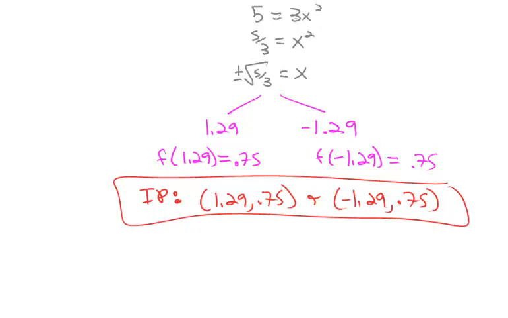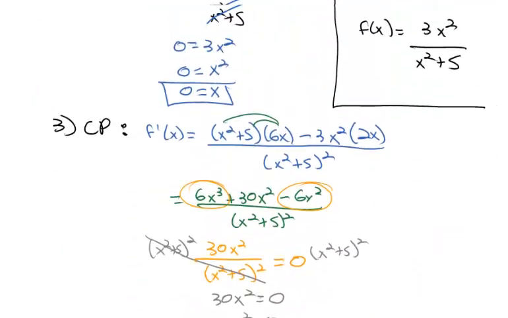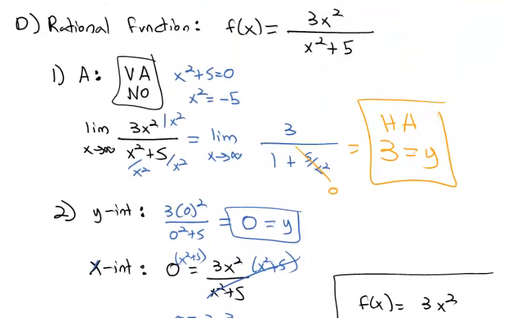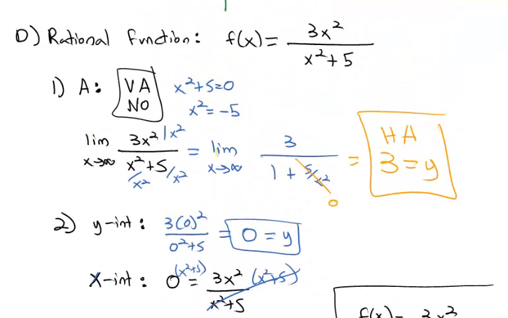Every problem, we're doing the same exact process. We're finding any vertical asymptotes or shape. We're finding x and y intercepts. We're finding critical points. And we're finding inflection points. Then we look over all of our work to see what we know. We know this time that there is a horizontal asymptote at 3.